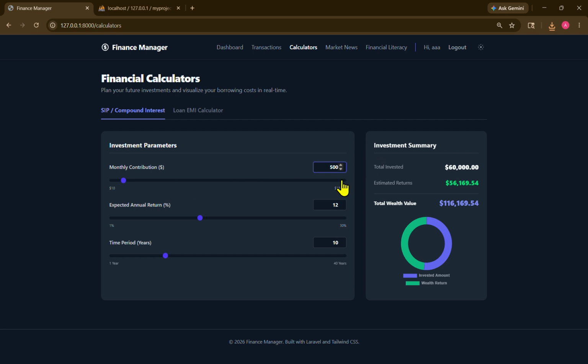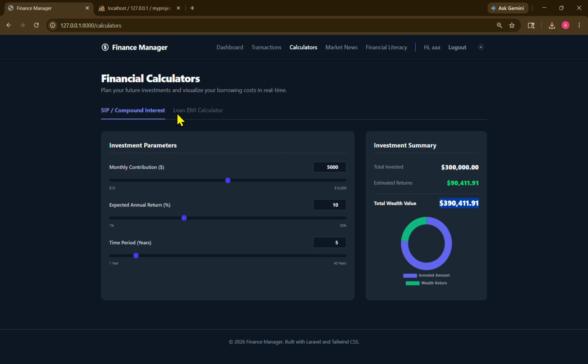Our monthly contribution will be 5,000 rupees, the expected return is 10 percent, and we want our money to be invested for 5 years. At that time, you would have invested a total of 300,000 and the estimated return on that money will be 90,000. So it will be around 3,90,411 with interest of 10% per annum.